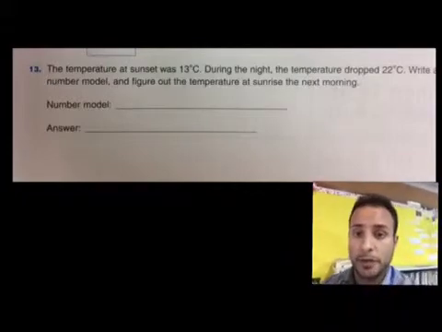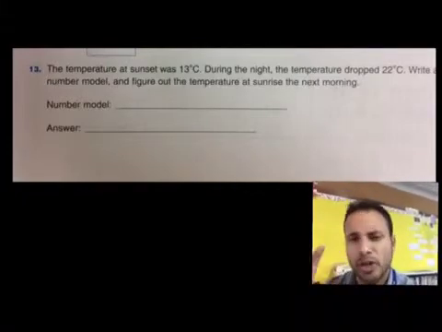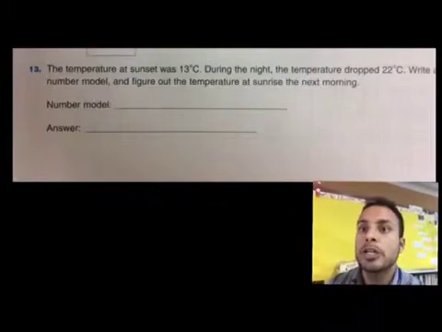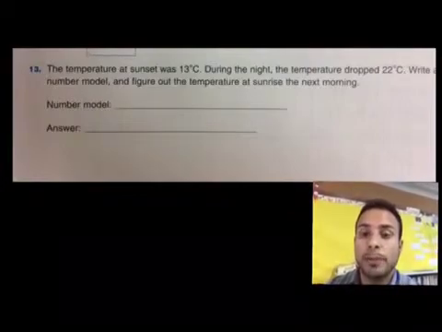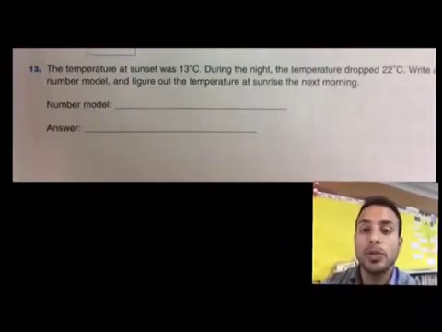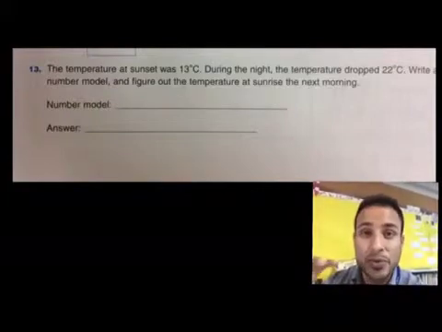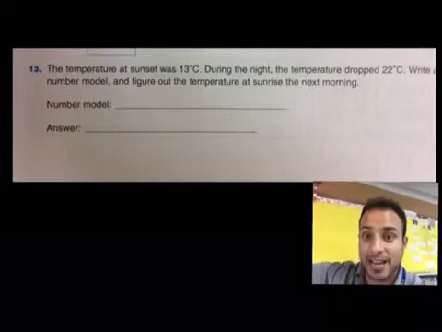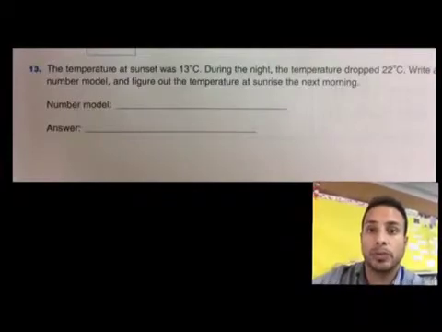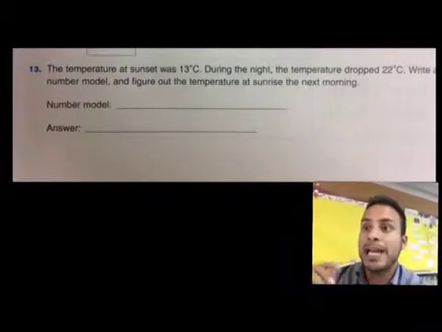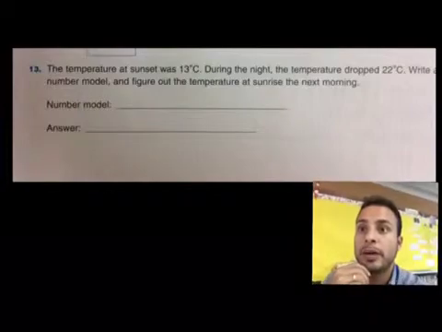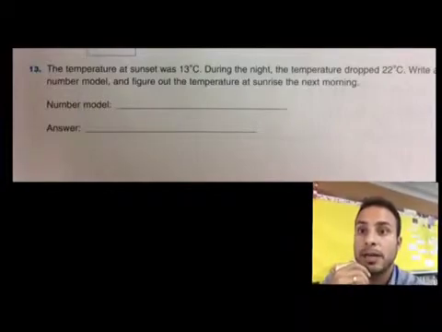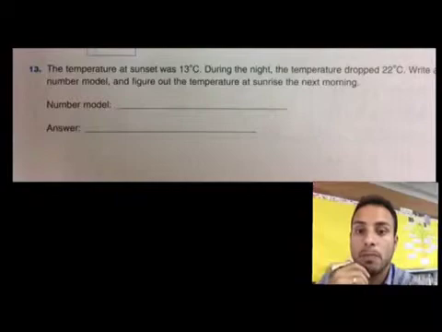Okay, that's positive 13 above zero. A little cool, but nice. During the night, the temperature dropped 22 Celsius. During the night, it got really cold. It dropped by 22. Dropped means negative. It went minus 22. Write a number model and figure out the temperature at sunrise the next morning.